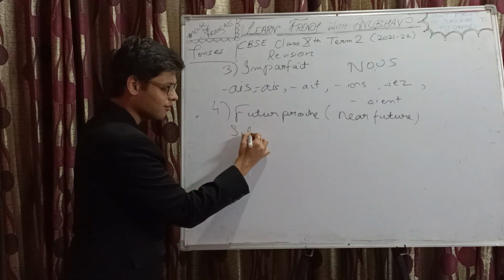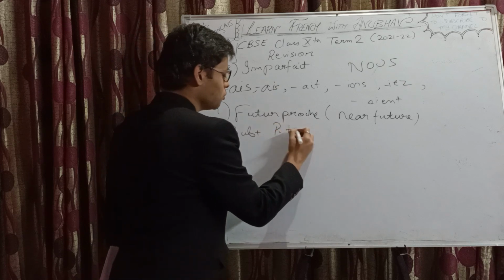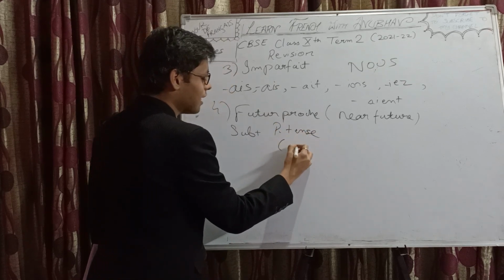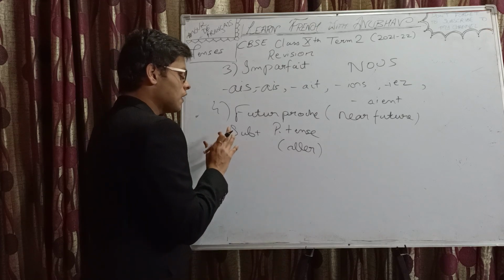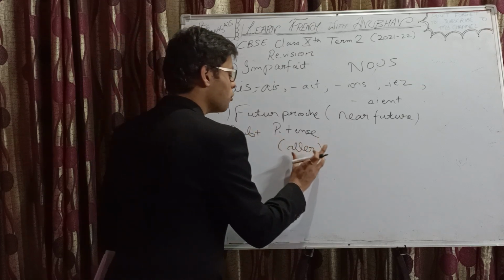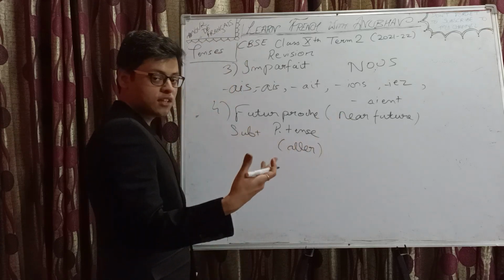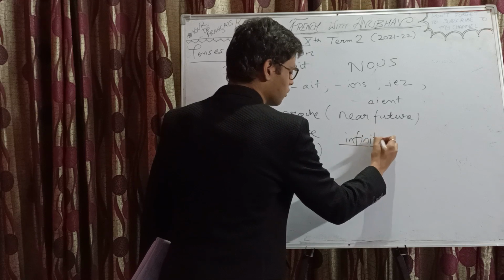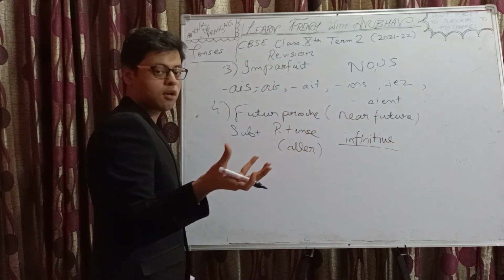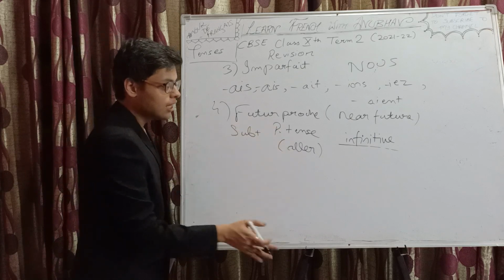Subject plus present tense conjugation of aller, which means to go, plus your infinitive verb. Infinitive form is what? The unconjugated form. Okay, that's your infinitive. So subject plus present tense of aller and then infinitive.